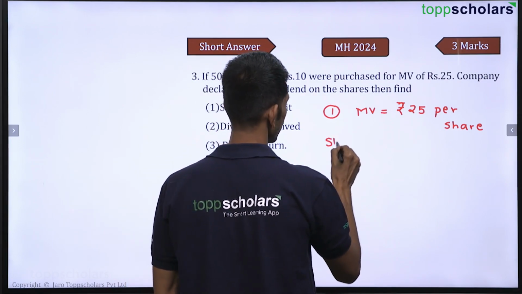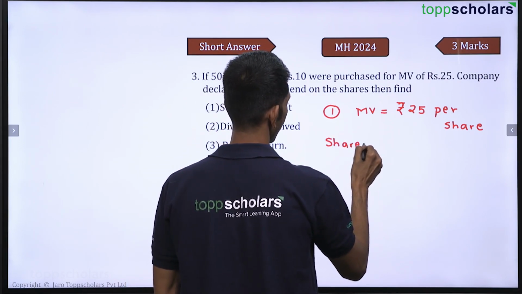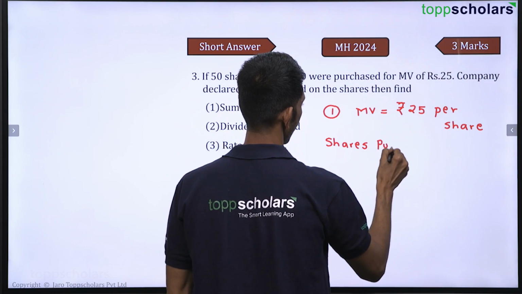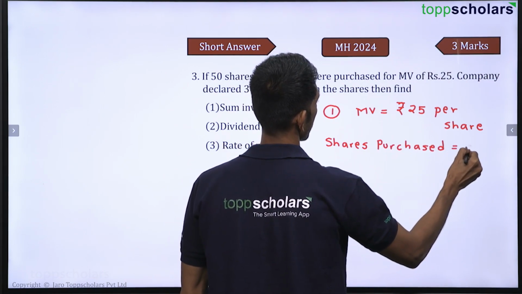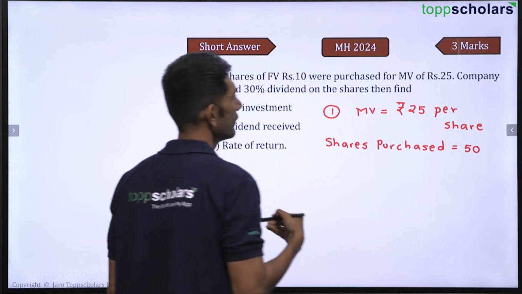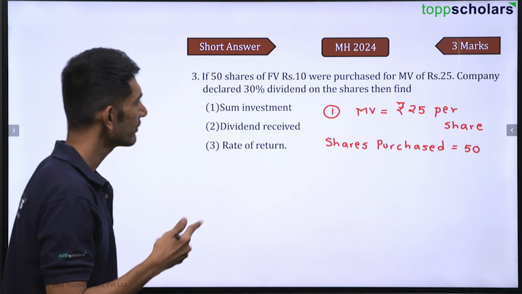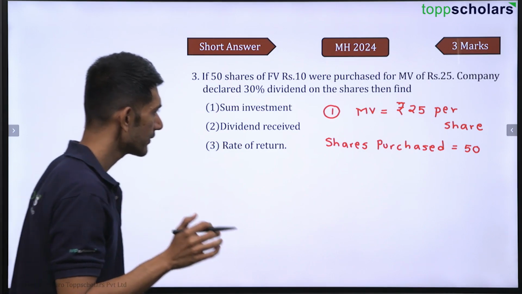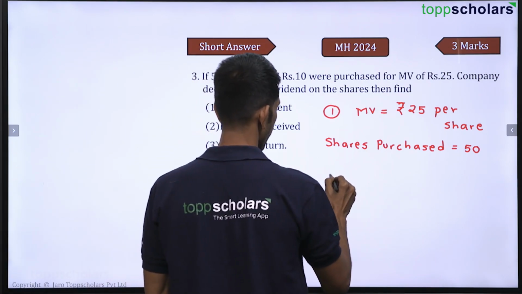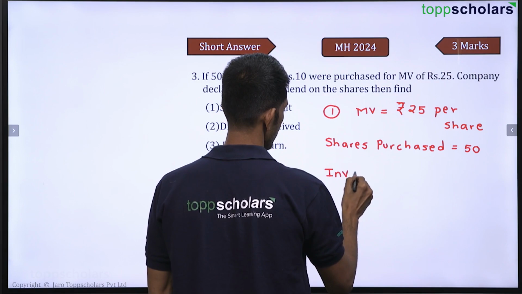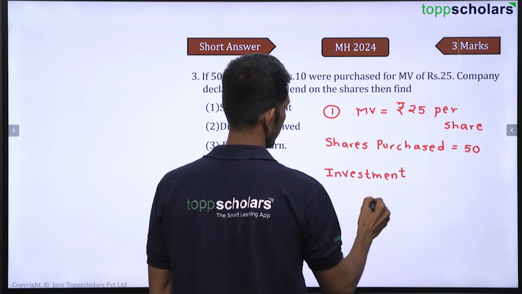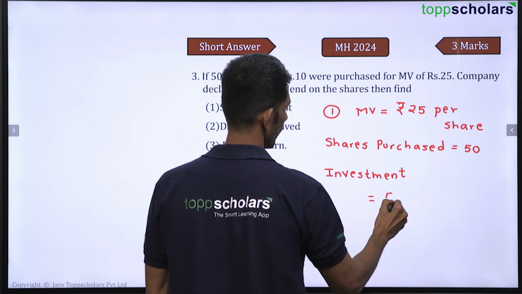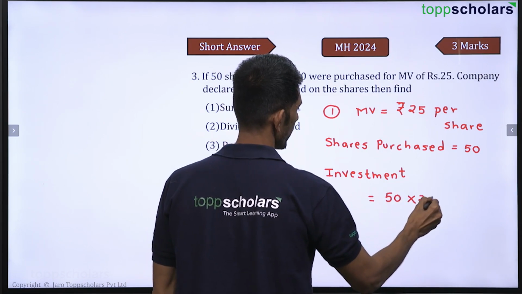How many shares were purchased? So can I say market value is 25, shares purchased are 50. So the total investment is equal to 50 multiplied by 25.